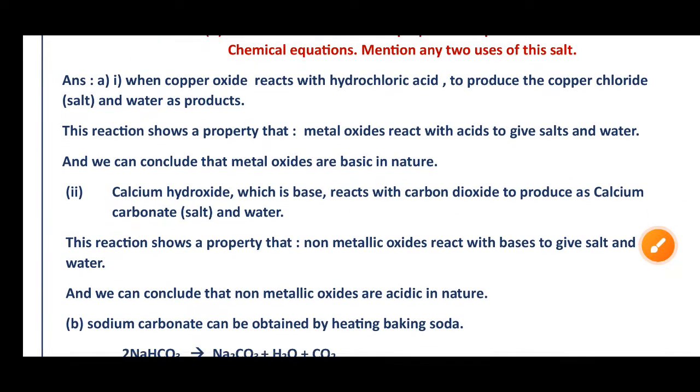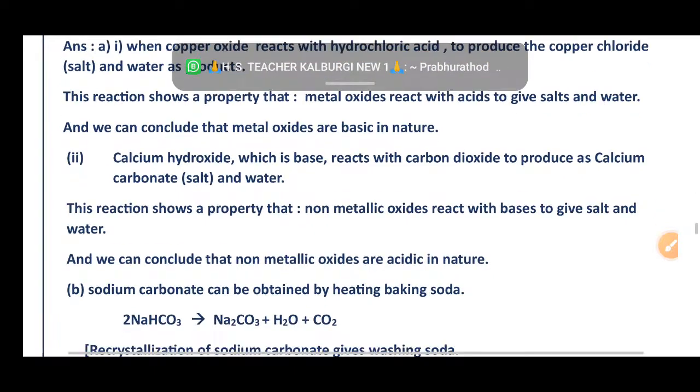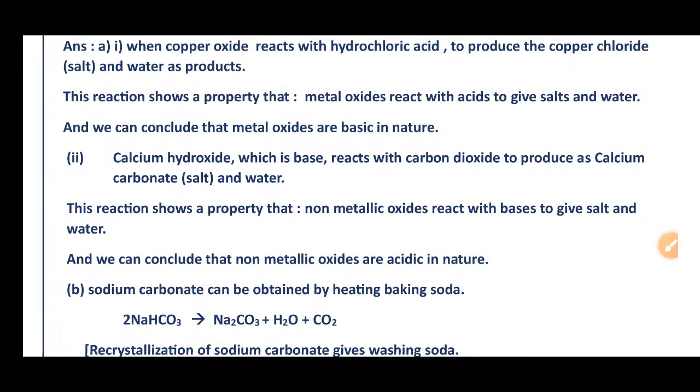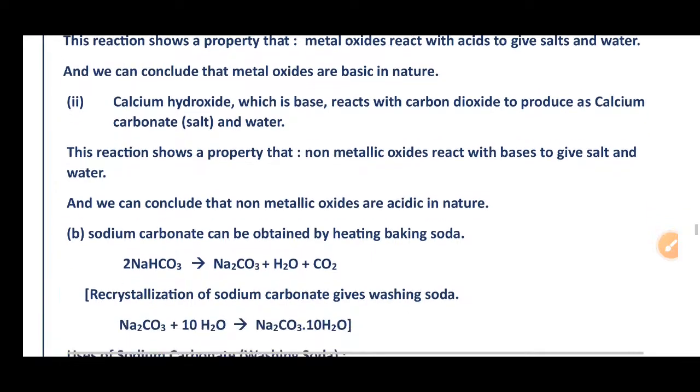This reaction shows the property that non-metallic oxides react with the bases to give a salt and water, and we can conclude that non-metallic oxides are acidic in nature. Metallic oxides are basic in nature. Non-metallic oxides are acidic.